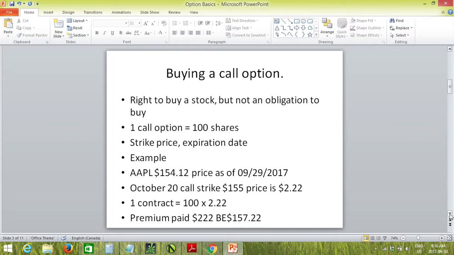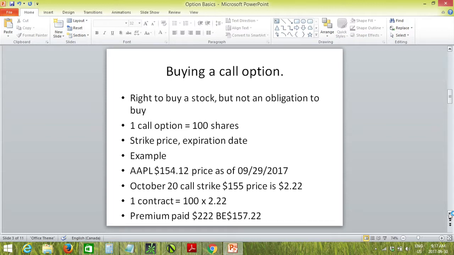So it has to get beyond that for you to make any money. Obviously, if it's going to go up to $160.22, say by October the 20th, then you're going to make $300 on that. That's my example.